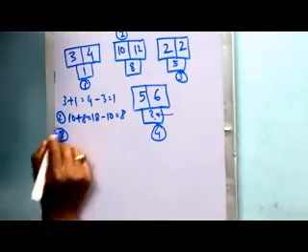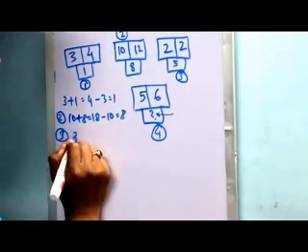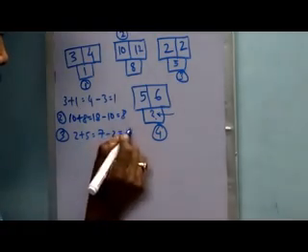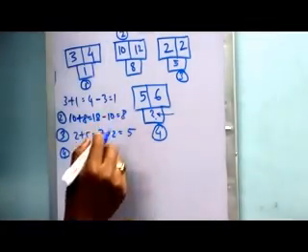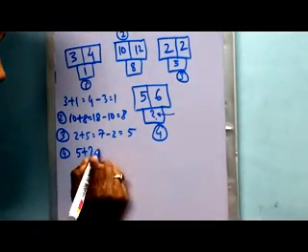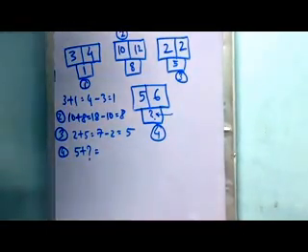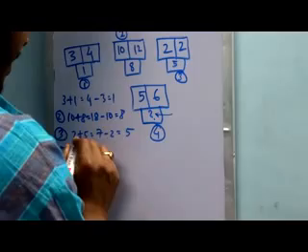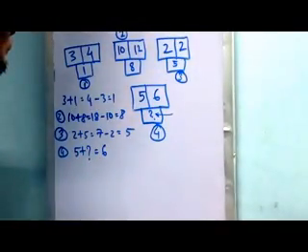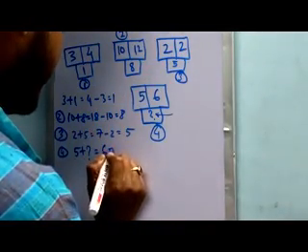Similarly, in case of diagram number 3, it's 2 plus 5 equal to 7 minus 2 equal to 5, and in case of diagram number 4, 5 plus question mark equal to 6 minus 5.